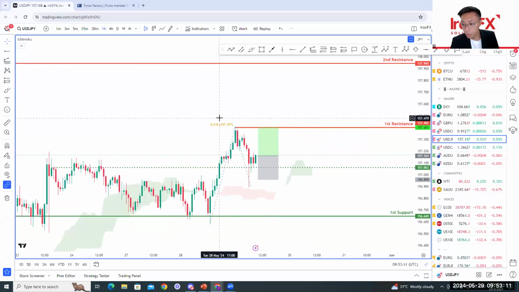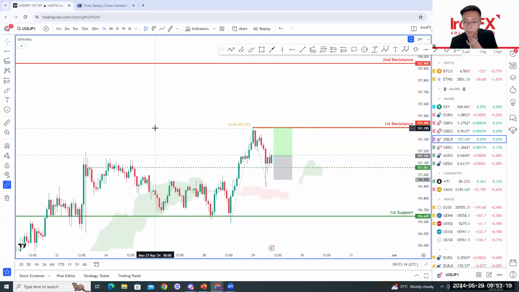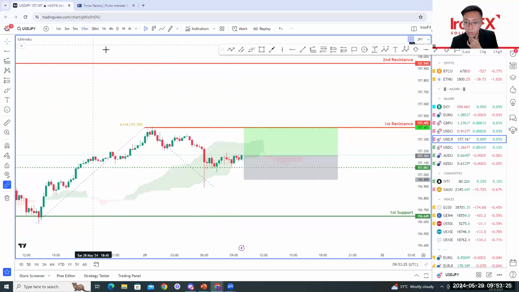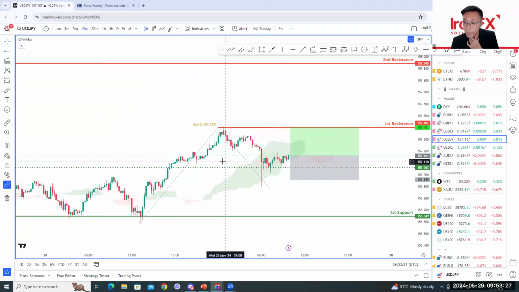If you were to take a look at the 1 hour time frame, it looks decent. It looks decent for buys, right? Because we have multiple rejection wicks over here. If you were to go to 15-minute time frame, let's see.